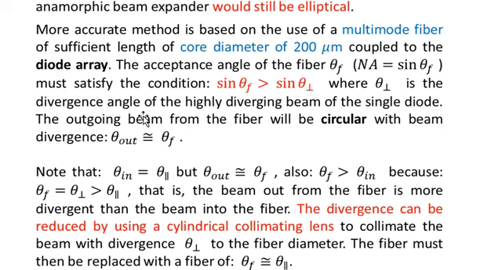That is, theta out will be equal to theta f, and the divergence of the beam, though circular, coming out from the fiber will be equal to the angle of acceptance of the fiber. That is, theta out of the beam with circular spot coming out from the second end of the fiber is approximately equal to theta f, the acceptance angle of the fiber.